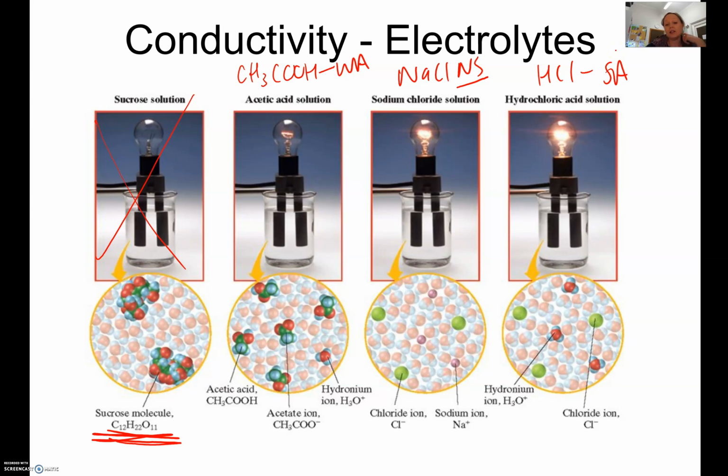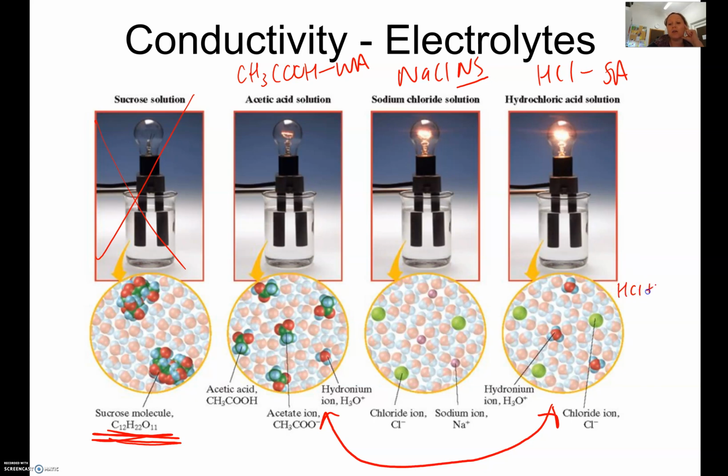If we compare the ethanoic acid and the HCl, these would have been the same concentration, and if we compare the brightness of the bulbs, you can see the hydrochloric acid bulb is far brighter than the acetic acid. The reason why, team, is because hydrochloric acid is a strong acid, which means that it completely breaks up into ions.